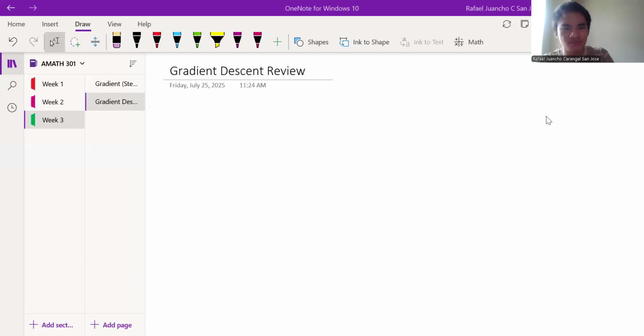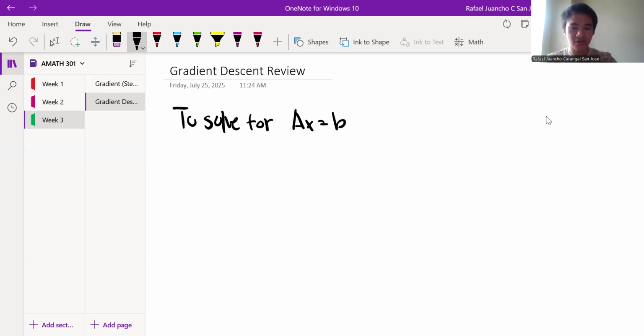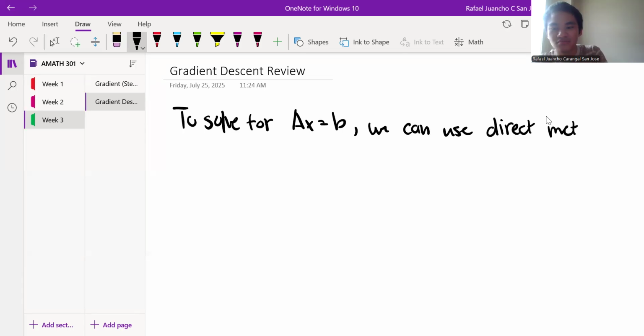So if we want to solve our linear system Ax equals b, well, we can use different kinds of methods, right? So we can actually use direct methods, or we have seen direct methods being used, such as Gaussian elimination. We've seen that.